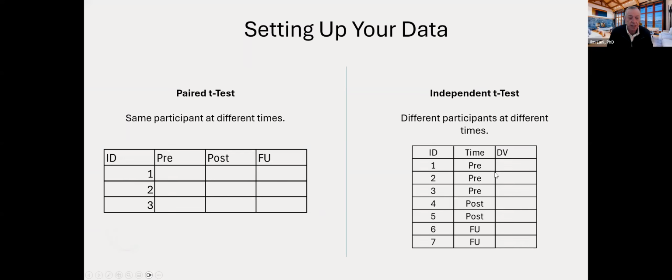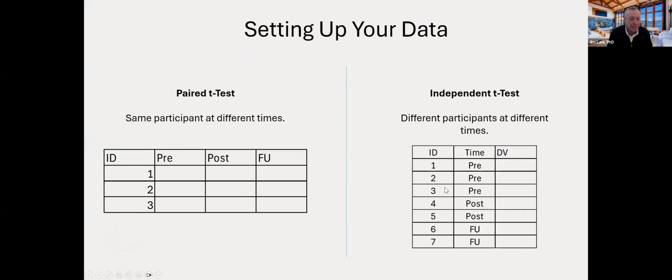You could have some pre and post and follow-up, but again, these are different people. These are 7 different people, and even though they're at a time of pre some event, say pre-Sputnik, their view of space, post-Sputnik, their view of space or whatever, individuals and participants are on rows, and then the DV is some dependent variable, some outcome variable.